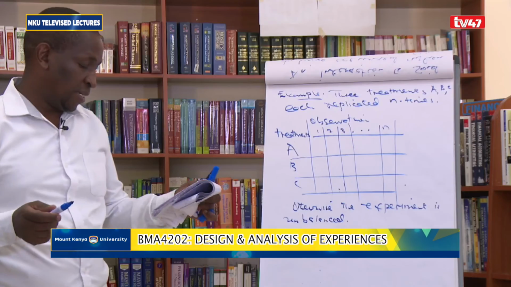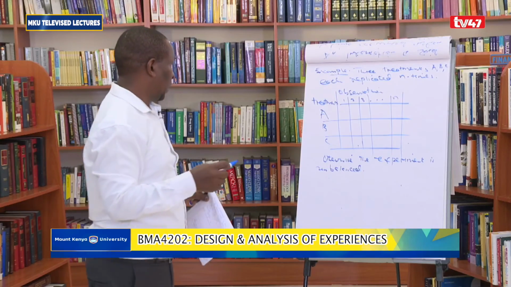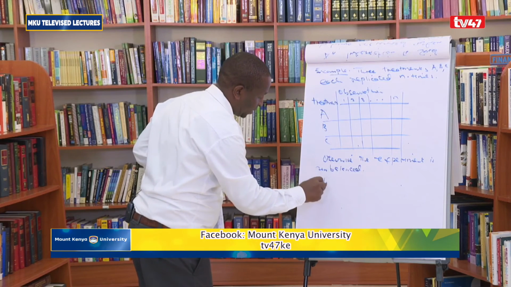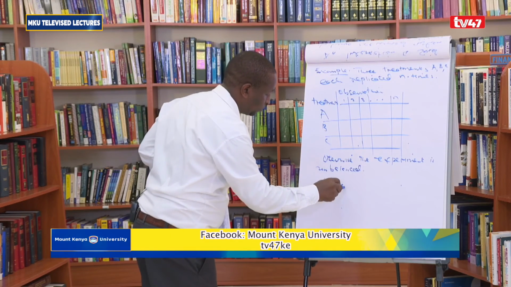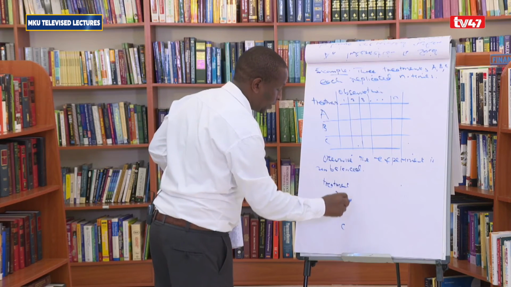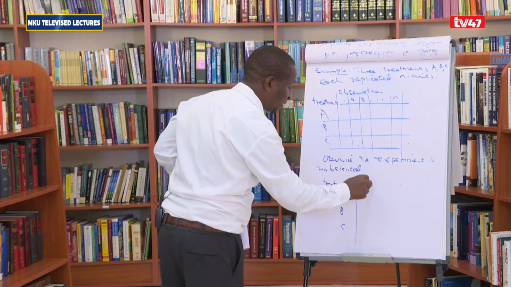We can have an unbalanced experiment, like say treatments here still A, B, C, and then observations.